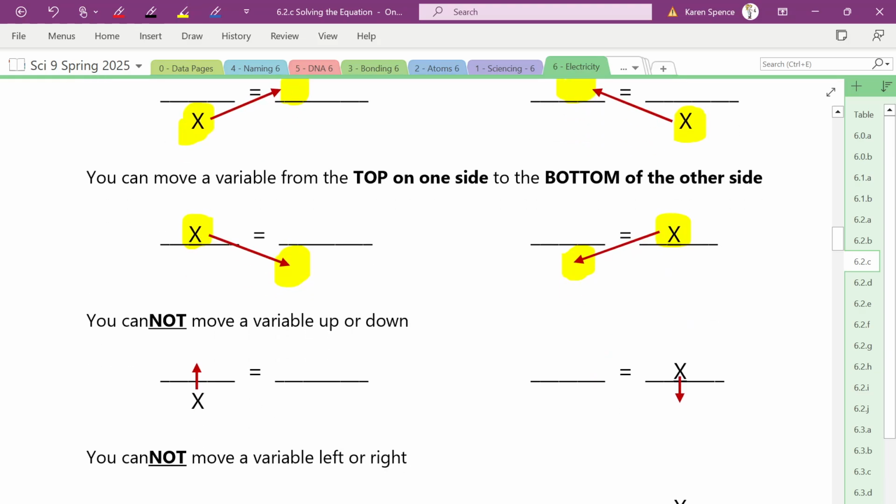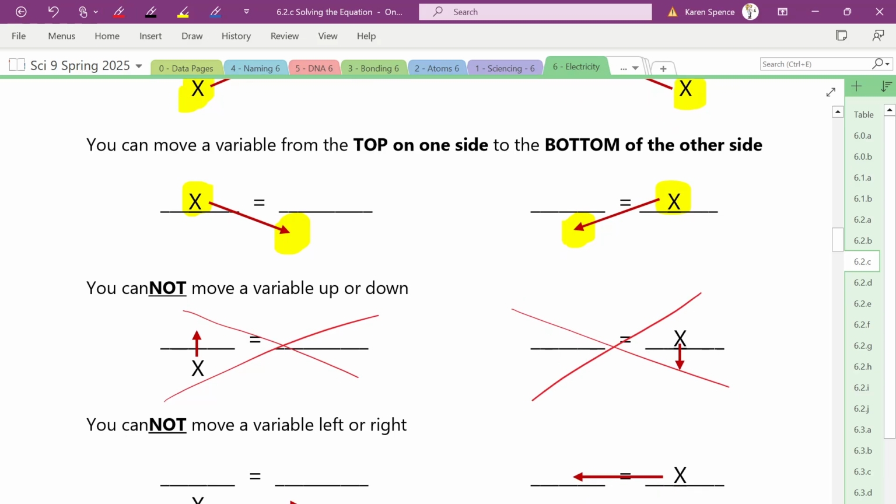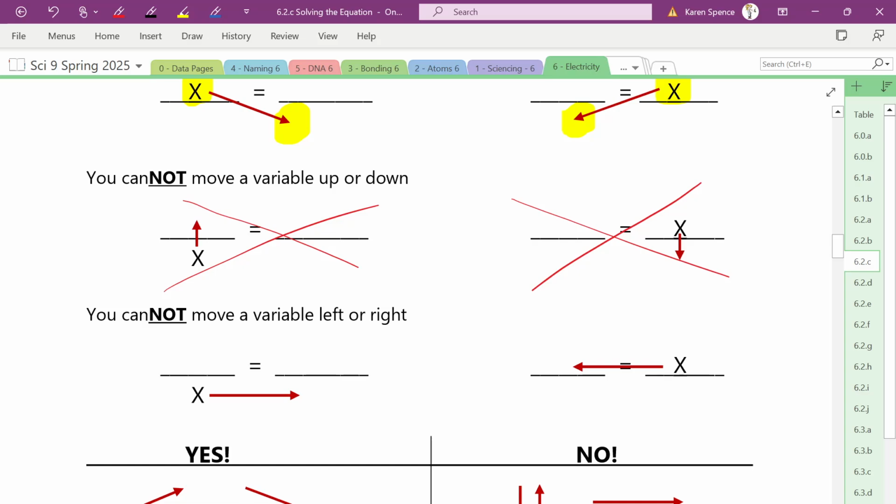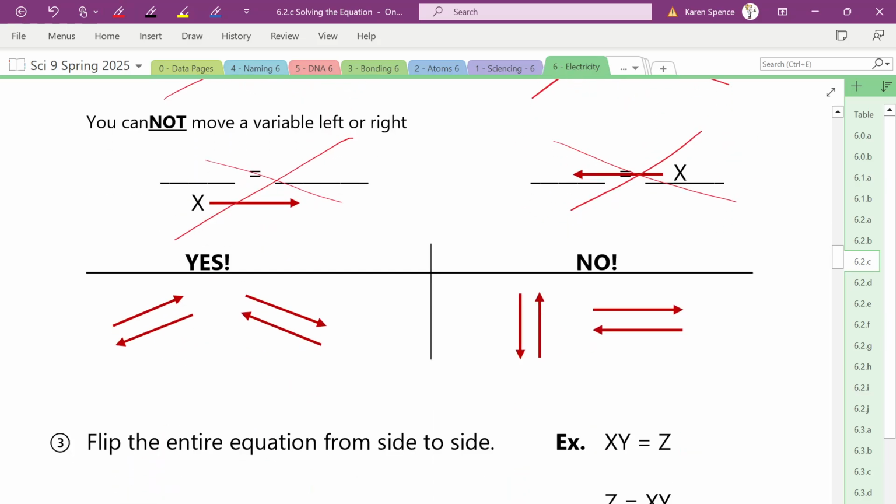You are not allowed to move a variable up or down. No, no, no. You cannot move a variable left or right. No, no, no. Only diagonal, not up or down, not left or right.